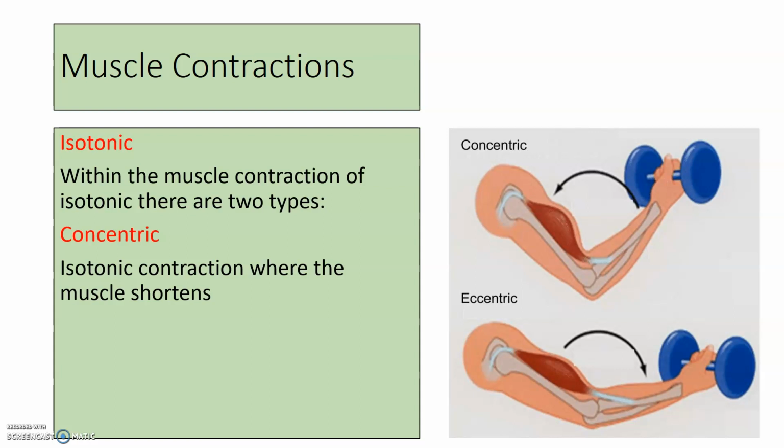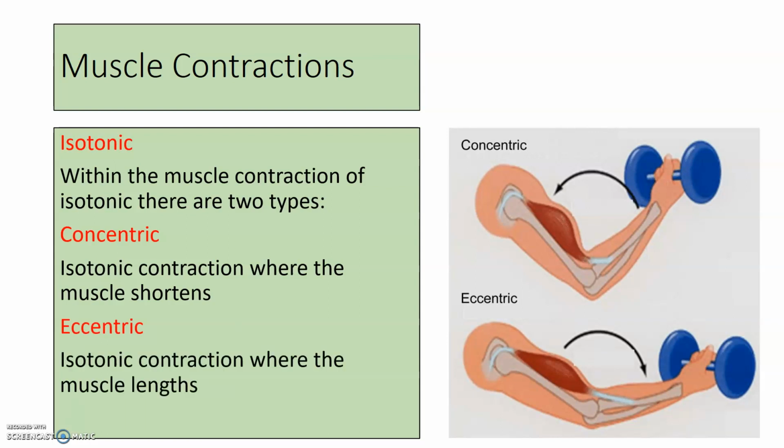But when we bring the weight back in the extension phase, if we're specifically looking at the bicep here, then that would be referred to as the eccentric contraction. Here we can see the bicep lengthening. Although it's relaxing, it's lengthening, and that would be referred to as the eccentric phase.